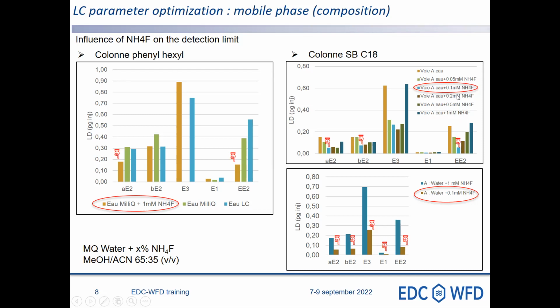The best sensitivity, you achieve at the lowest level of NH4F. So here you see a nice example, and the importance of this additive that is really key to achieve and to improve the sensitivity of the method.